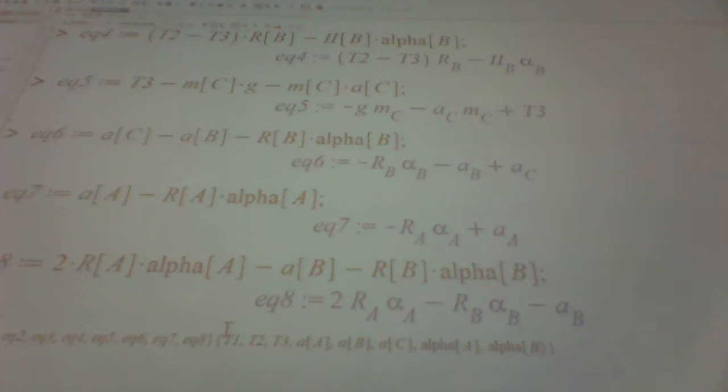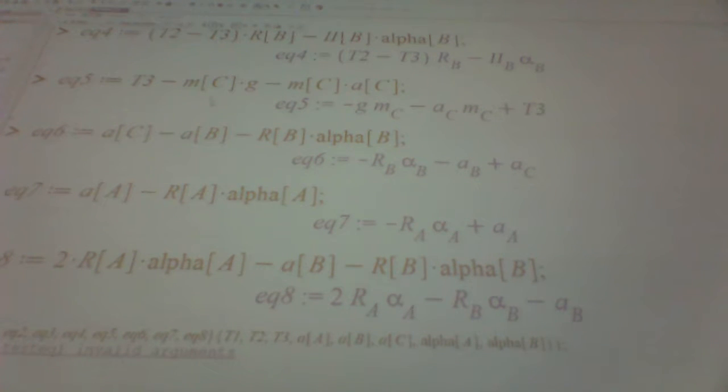Is that it? Uh-huh. Should there be a comma between the two things in curly braces? Maybe. Oh, I see why. These are in brackets. Pretty, huh? Wow.